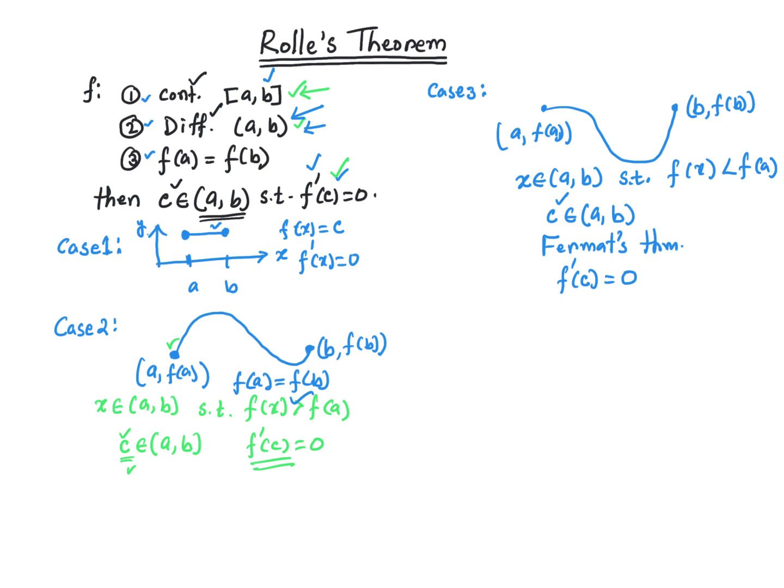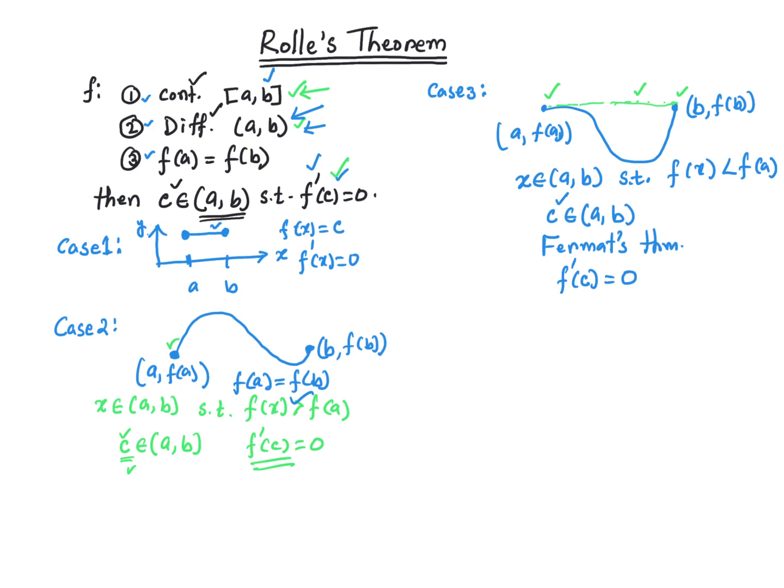Now, if we look at all three cases, by the way, that's all that can happen. If f of A and f of B are equal, that means they have the same y values, then there are literally three things that can happen. The simplest case is that you go straight from f of A to f of B. That's a horizontal line. Even though my line doesn't look horizontal, it's a horizontal line.